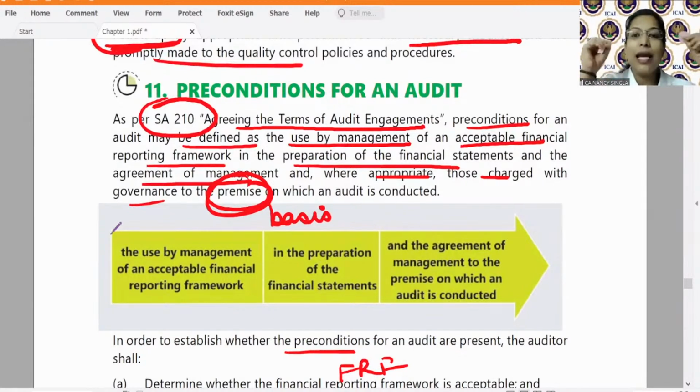So auditor will accept the engagement only if the premise on which the audit is conducted is present. Now how to establish, first of all, what preconditions should be there? Auditor should establish that preconditions are there and common understanding between the auditor and the management or those charged with governance should be there, ठीक है. Now, how to establish?